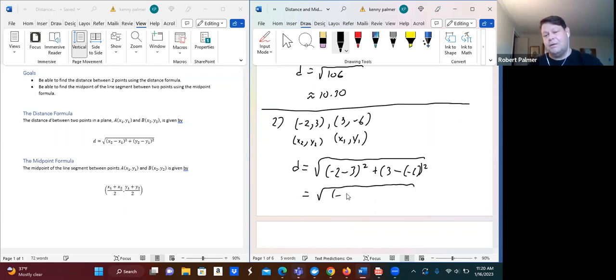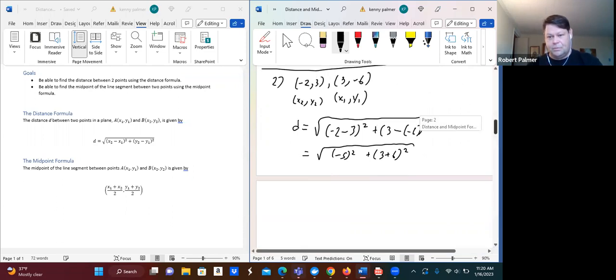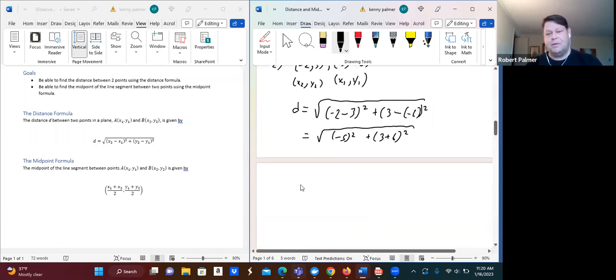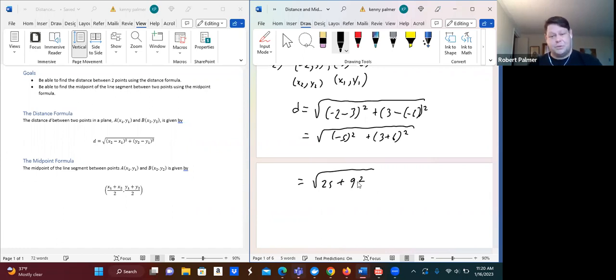That's -5 squared plus 3 plus 6 squared. The negative becomes positive. Since squaring a negative gives a positive, it's 25 plus 9 squared. As you see, we get the same thing as before: the square root of 25 plus 81, which is the square root of 106, approximately 10.3.